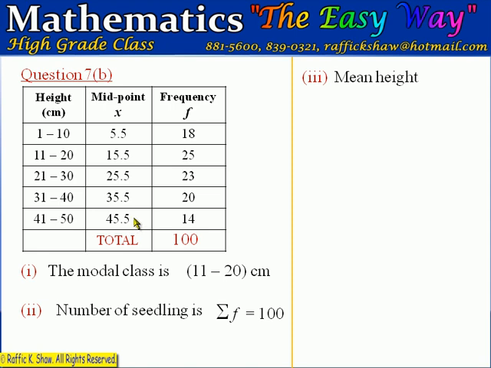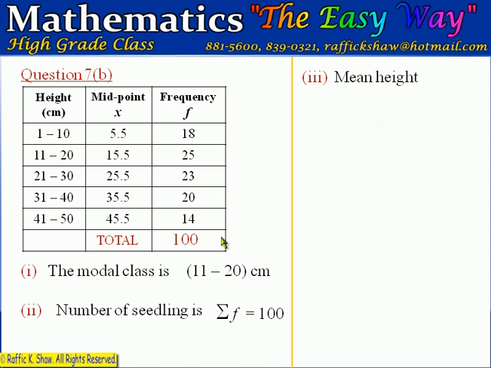And then what we want is the sum of all those heights divided by the number of seedlings. So we need to put in a column where we calculate the sum of the heights in this first group, the sum of the heights in this second group, and so forth. Right?